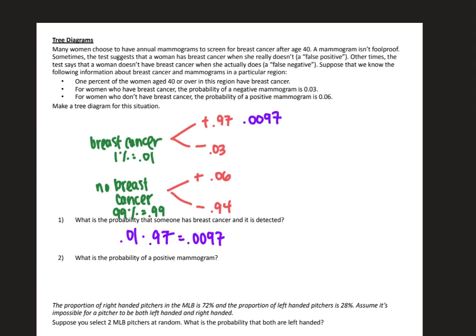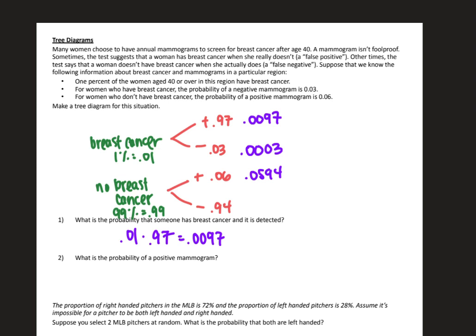And actually, we can use that idea to find the probability of every outcome. For instance, the probability of someone having breast cancer and testing negative, we would multiply that. So 0.01 times 0.03 gives me 0.0003. And then going down to the second set of outcomes, no breast cancer testing positive, that would be 0.99 times 0.06, which is 0.0594.